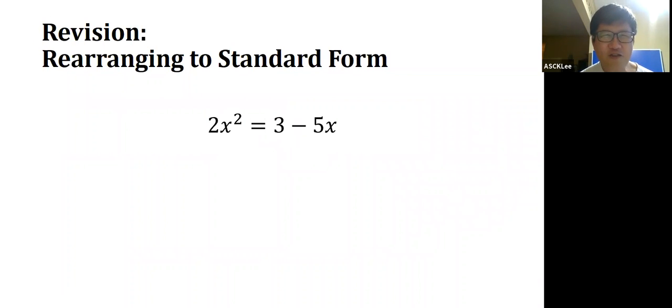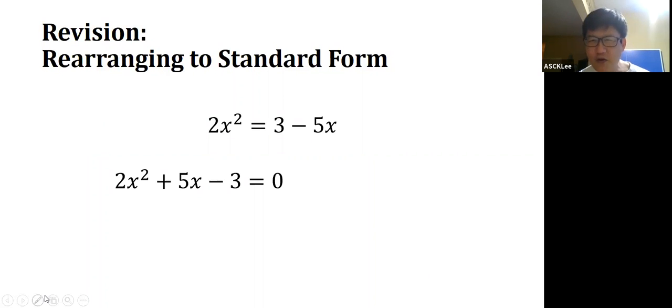And a bit more revision. Last week, we talked about rearranging to the standard form, making equations really neat. Let's say you start off with this. Let's make this a standard form. Your next step should be this. We retain the 2x squared, and then we bring the 3 over, and it becomes a minus 3.